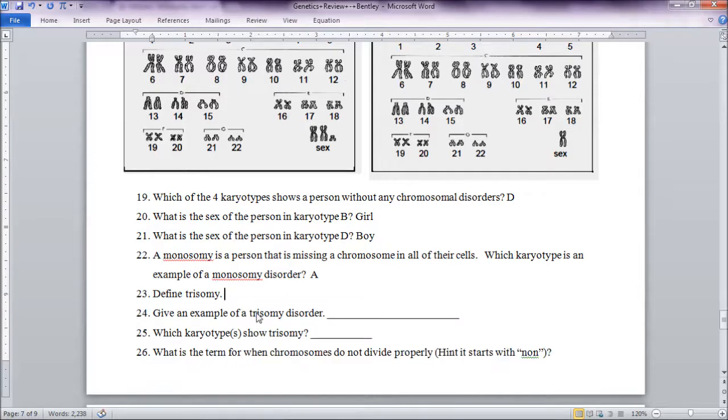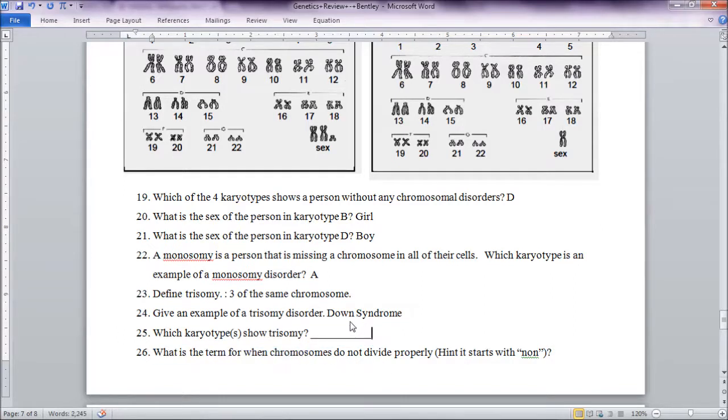A trisomy, easy definition, 3 of the same chromosome. Don't think too hard about that one. The most famous one is Down syndrome, simply because most people who develop Down syndrome survive to birth, more than with most other trisomies, and also they're the only autosomal trisomy that develops to adulthood.